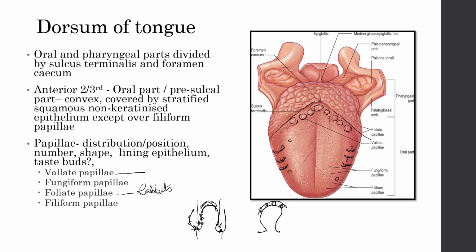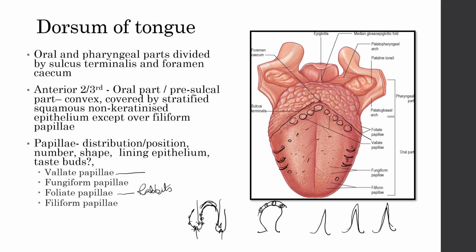The filiform papillae are conical and pointed, and numerous, and they are distributed all over the dorsum. So the dorsum appears to be rough because of the presence of conical filiform papillae, and they have a stratified squamous keratinized lining.